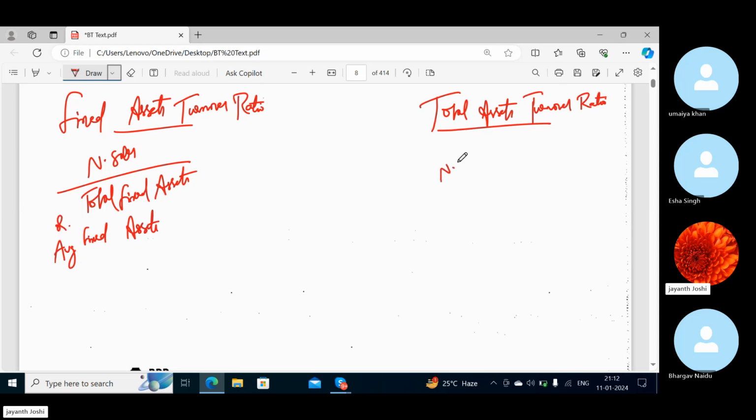In this case, the formula is net sales divided by total assets, or average total assets when you have two years' figures.